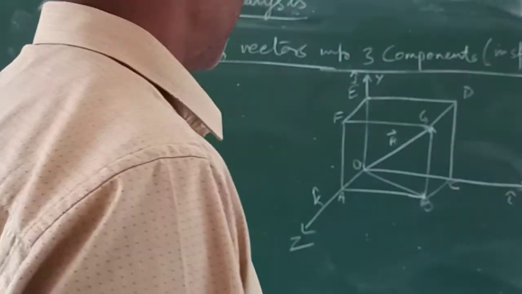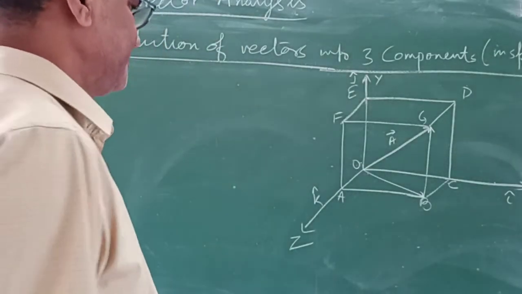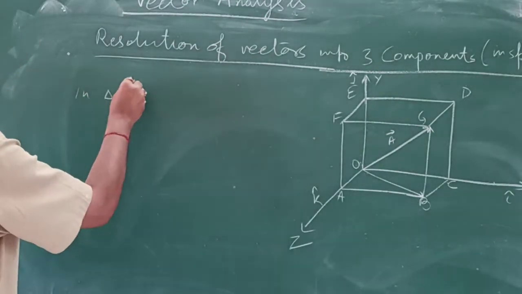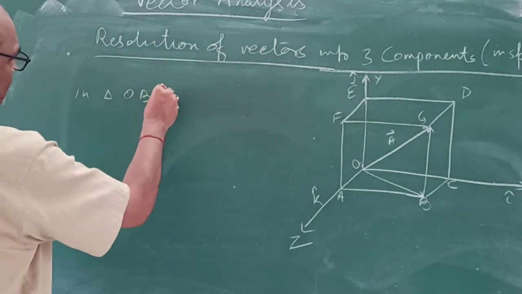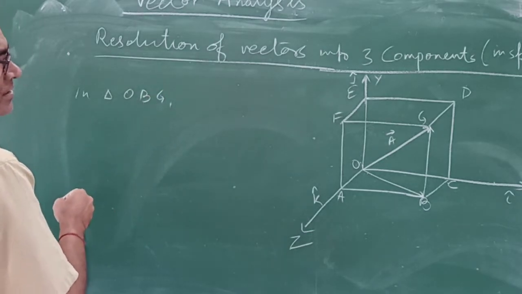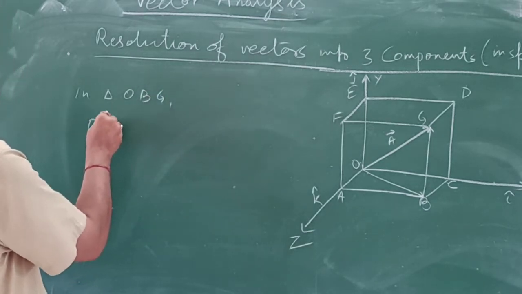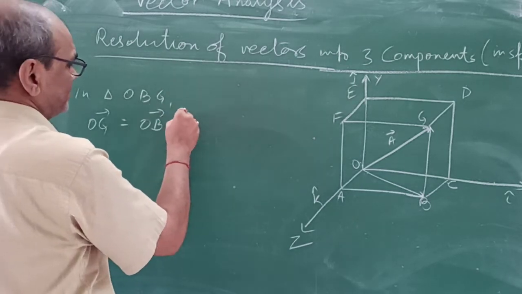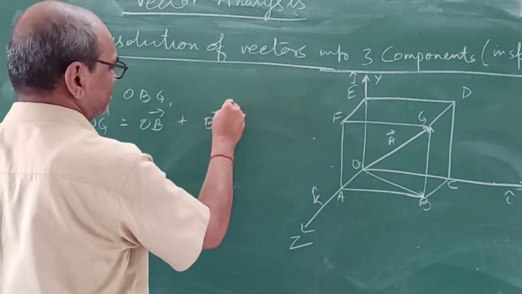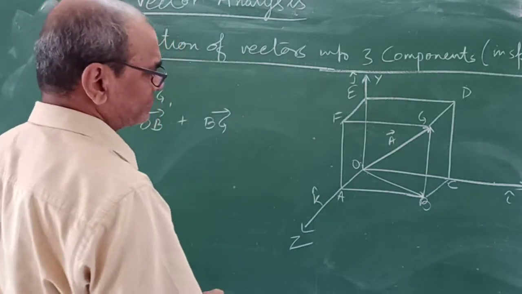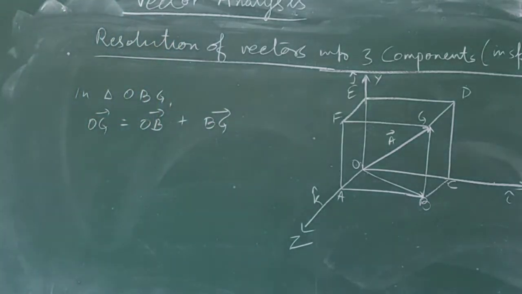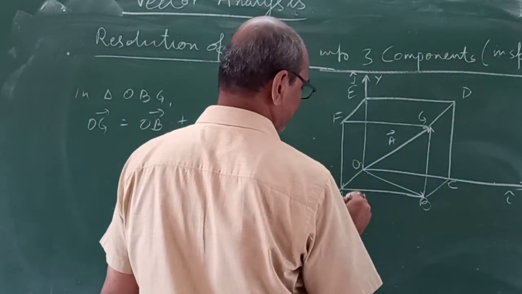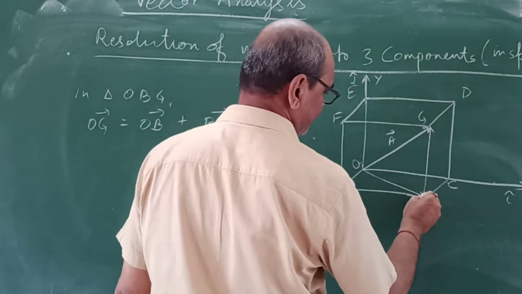Now, in triangle OBG, OG is equal to OB plus BG, equation number one.